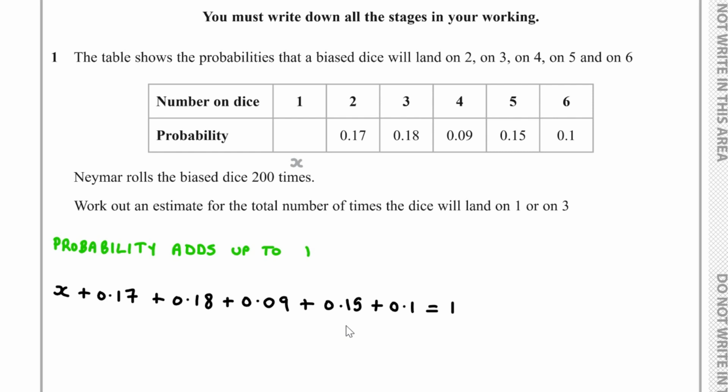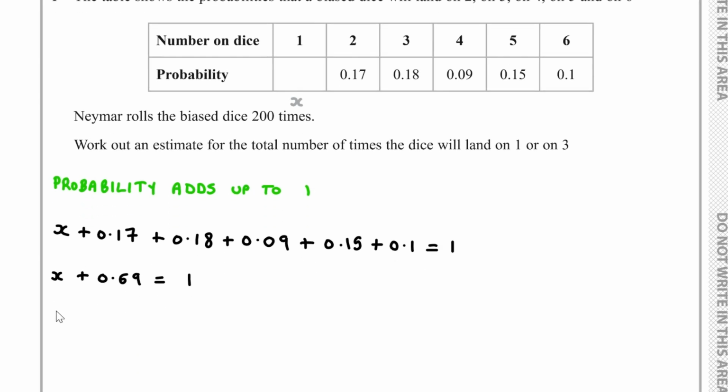All of this adds together to give 1. So if we tidy this up, you can see we've got x plus 0.69 equals 1. And if I subtract 0.69 from both sides, you can see x is equal to 0.31. So the probability that we land on a 1 is equal to 0.31.